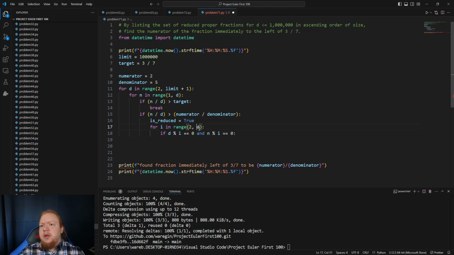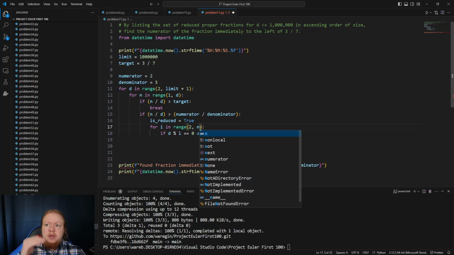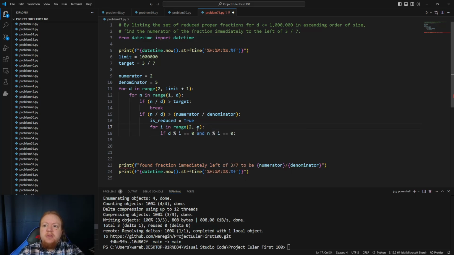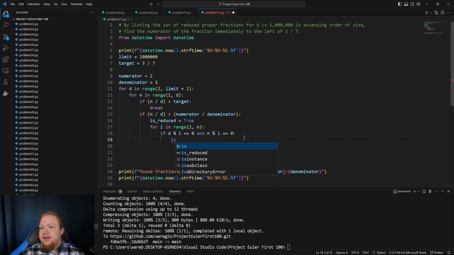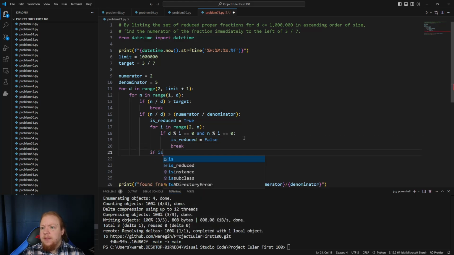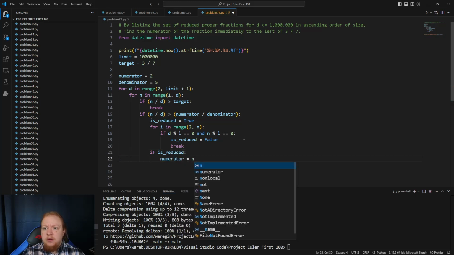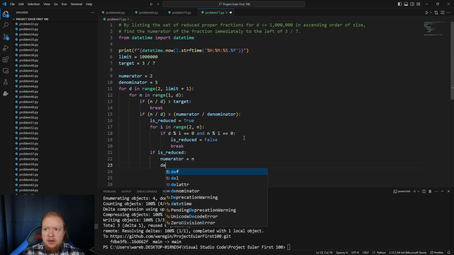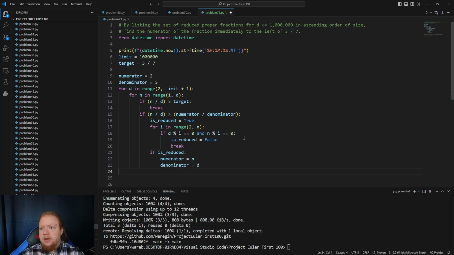Actually, this should only go to n, not to d, because if it's larger than n, then it can't be a factor of n. It's false. Break. If it is reduced, set numerator equal to n, and denominator equal to d.